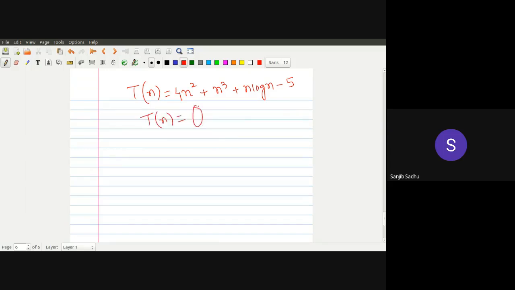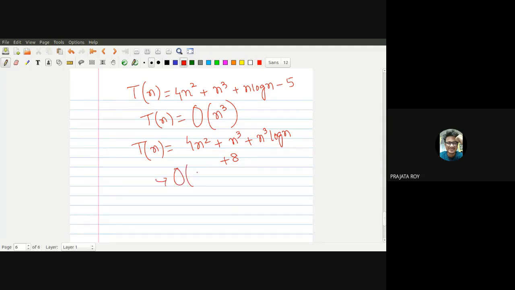N cube, sir. But suppose it is 4n square plus n cube plus something else. Which one is the larger? N cube log n.